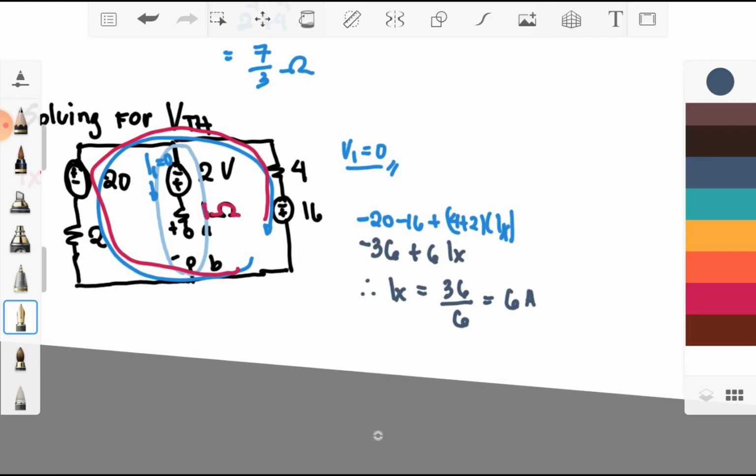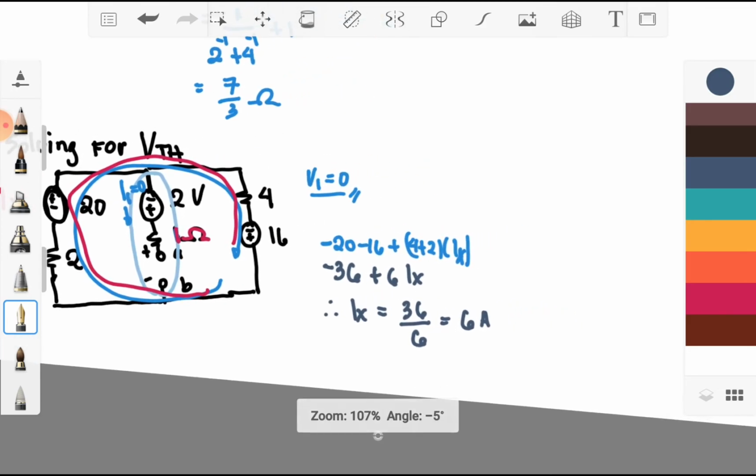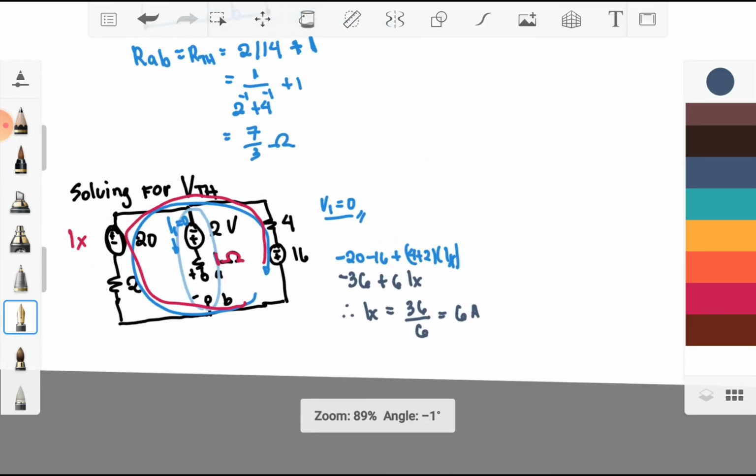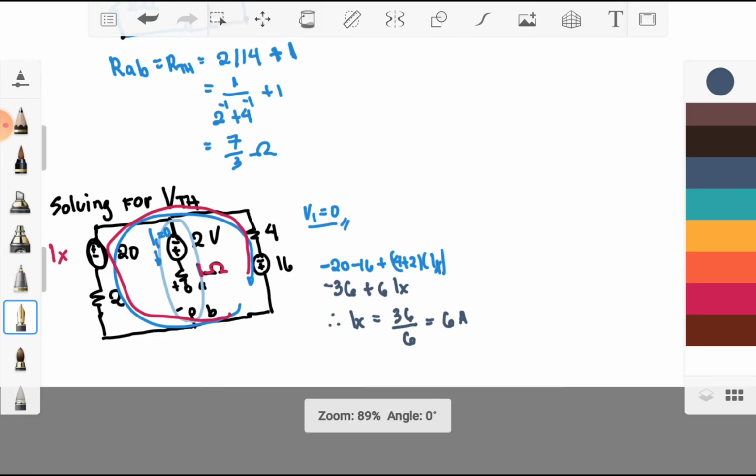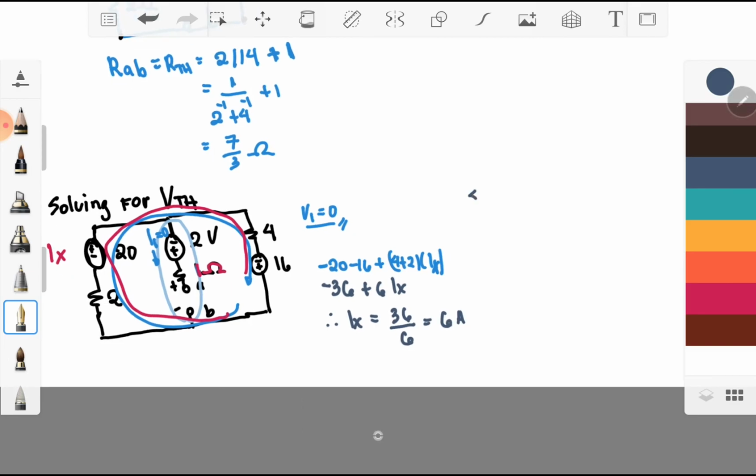Okay, next, in order to get your VAB, or your VTH, you will have a loop solving for VTH at this mesh.